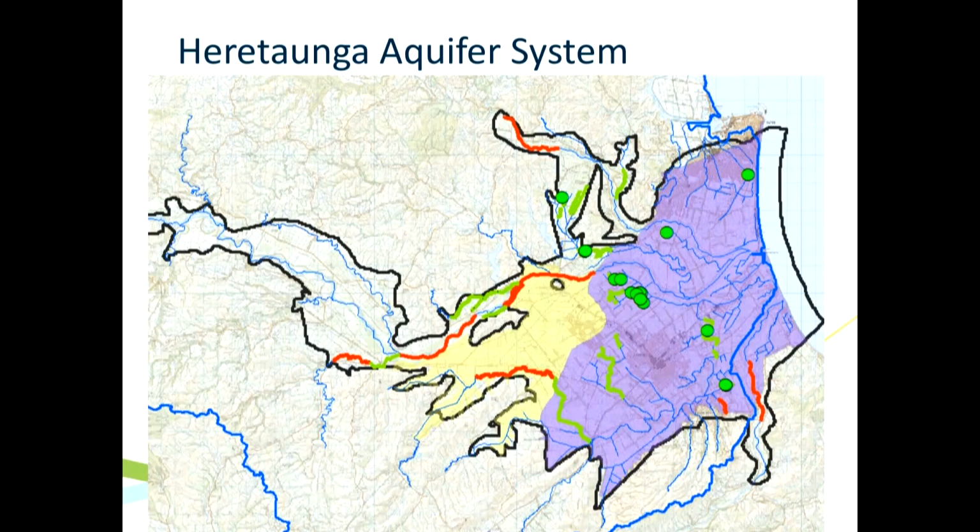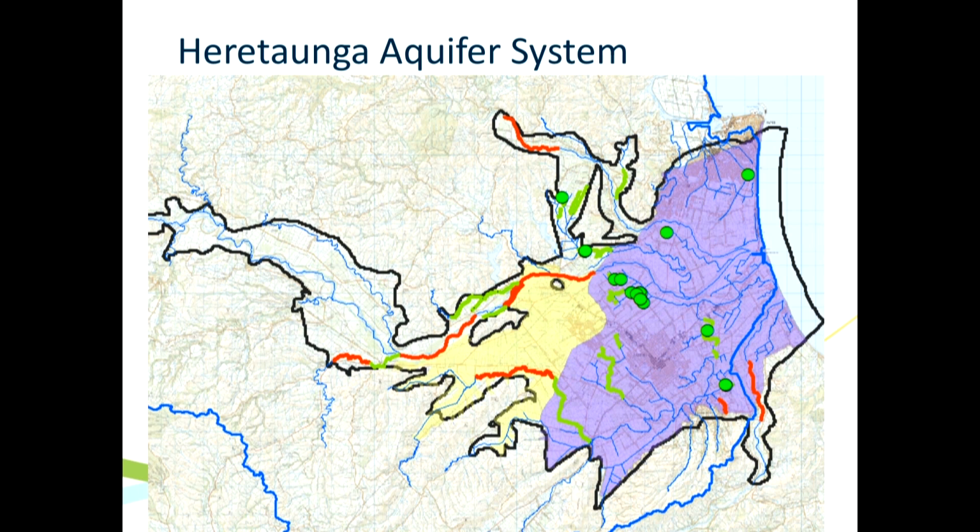I'm talking about groundwater, but it's really one system we're dealing with. Groundwater and surface water are connected, and when we do our research, investigations and monitoring, we consider it as one resource. These green dots represent springs where the groundwater is discharging to surface water.